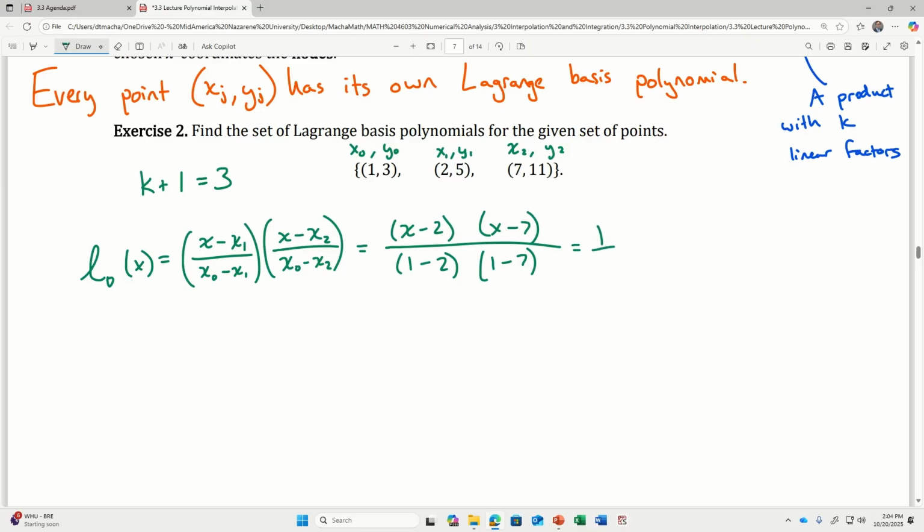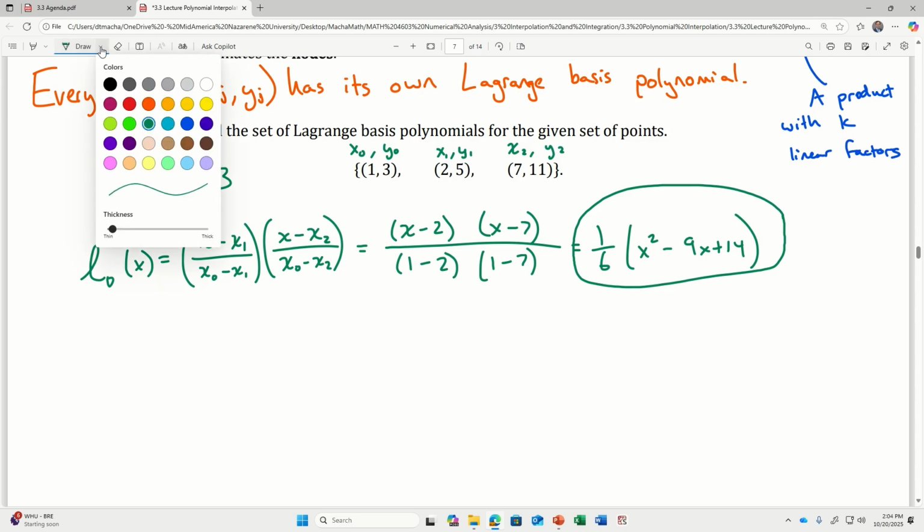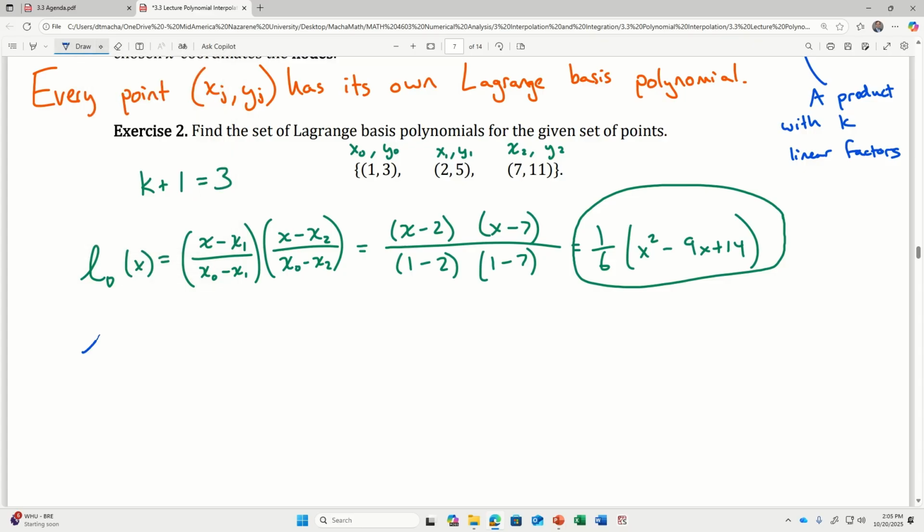So in other words, I've got 1 over 6 times x squared minus 9x plus 14. And that's it. That's my first Lagrange basis polynomial. But remember, every single point has its own Lagrange basis polynomial. That was the basis polynomial for the first point.